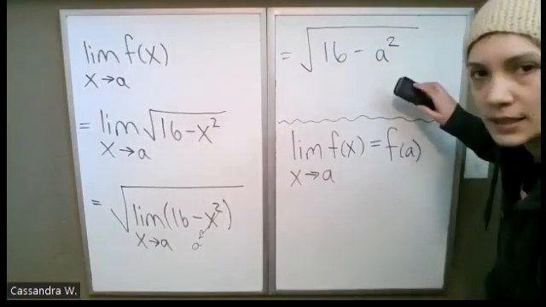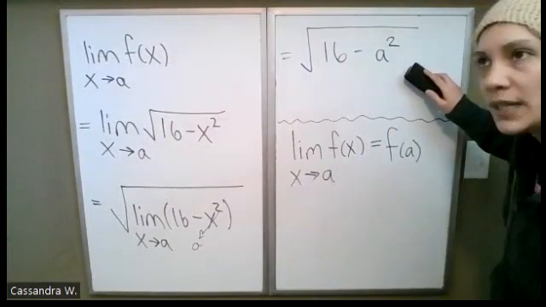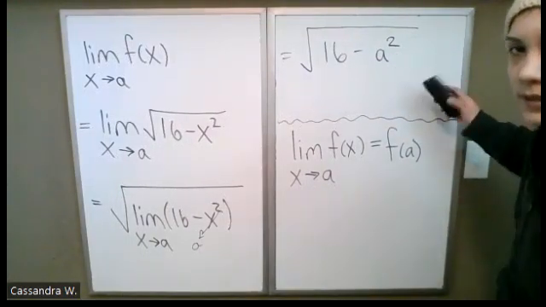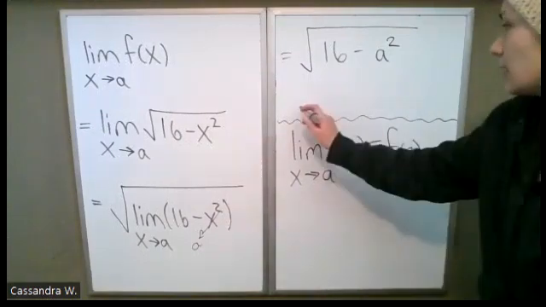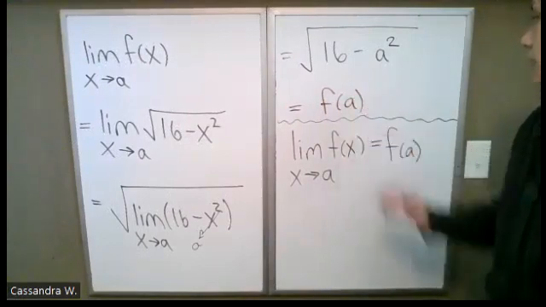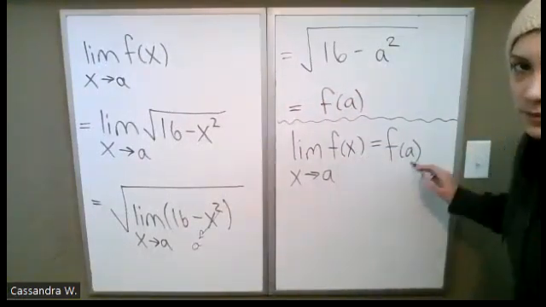And this would be what you would get if you just plug a into your function. You'd get out the root of 16 minus a squared. So this is equal to f of a. Which is what we were trying to show.